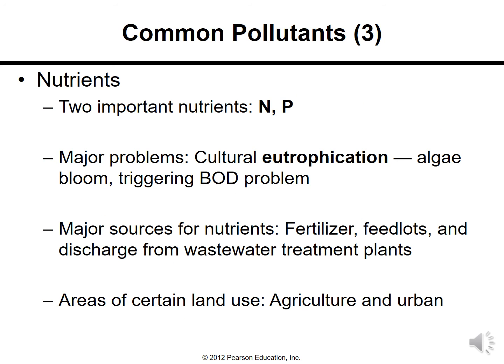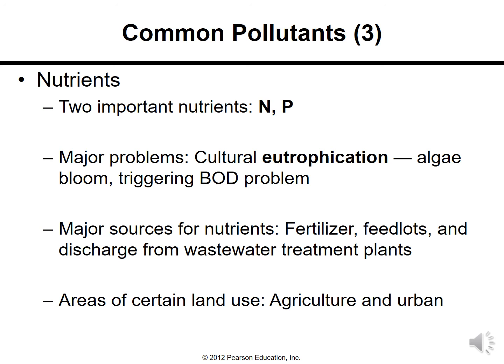Nutrients. The two most important nutrients are nitrogen and phosphorus. Nitrogen N, phosphorus P. The major problem is cultural eutrophication. This word is very new for you, but this is a very important term that you should remember and understand. Cultural eutrophication is algae booming, like exponential growth of algae, that triggers the BOD problem, biological oxygen demand, and we'll talk about how this is happening.